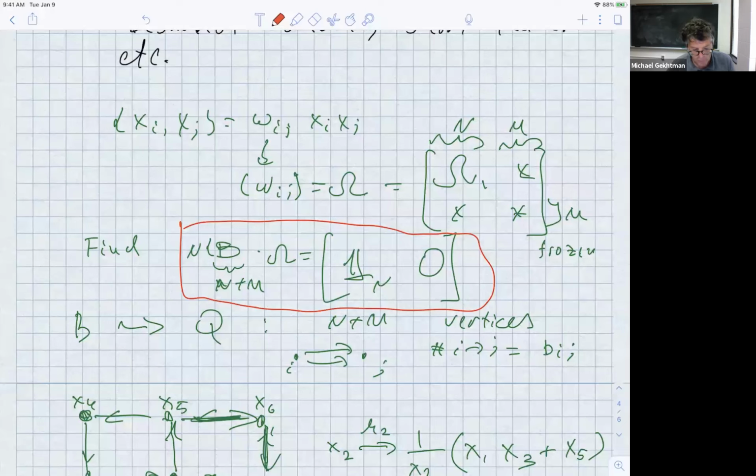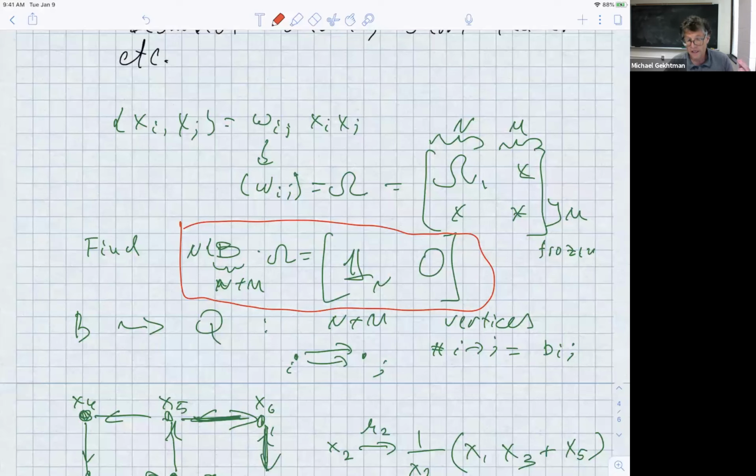So it would be 1-to-1 if there are no frozen variables, right? If I just have to invert omega, then there is 1-to-1 correspondence. But I will show in an example, if there are frozen variables, then it's not 1-to-1, but we shouldn't despair because the quiver is still essentially uniquely determined if you take into consideration the toric action that I mentioned before.